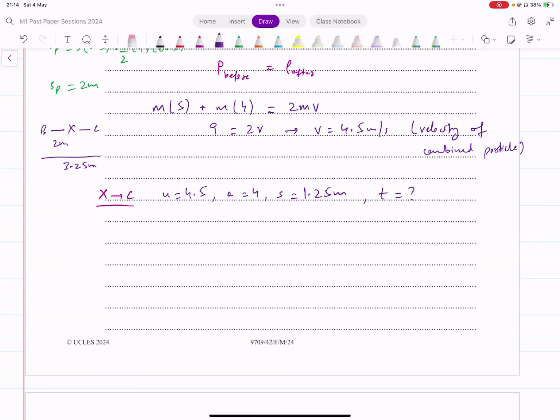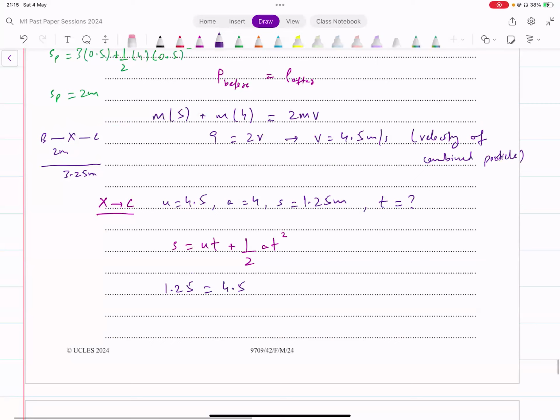Which equation do we use here? And if all of that was not enough, they want us to solve a quadratic equation now. UT plus half AT squared. S is 1.25 equals 4.5 into T, which is what we have to find out, plus 1/2 into acceleration, that is 4 into time squared.